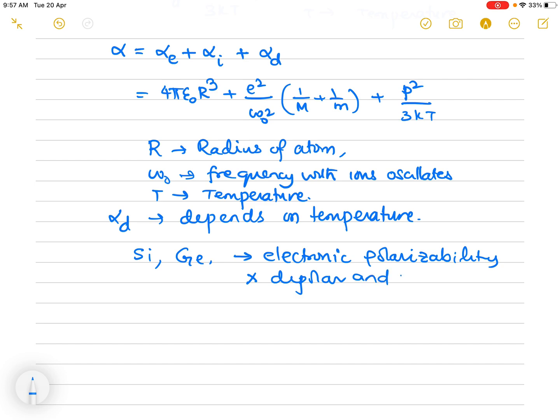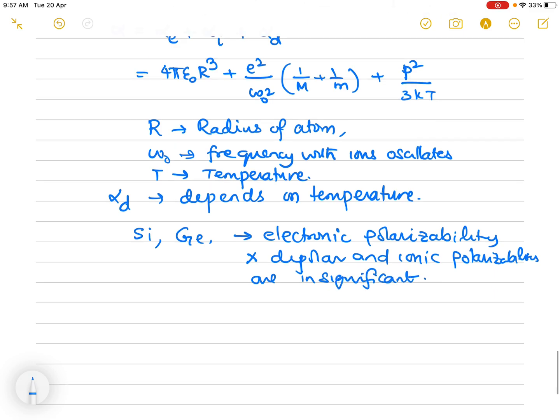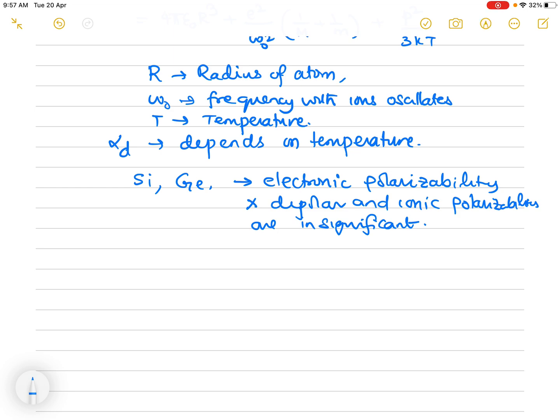Now we look at this. The permittivity of a substance at optical frequency is only due to electronic polarizability.